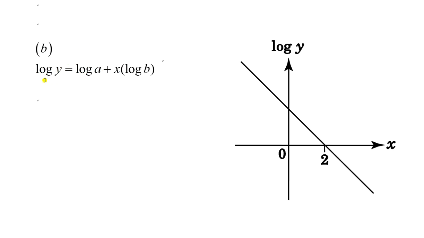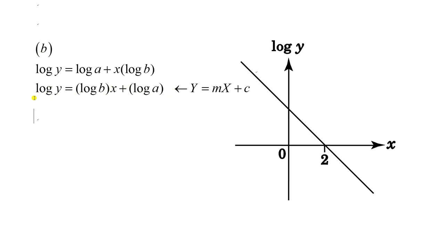In part A, you get the equation log y equals log a plus x times log b. But you can find something quite similar to what you learned in the equation of a straight line. If we rewrite the order, log Y equals log b times X plus log a.